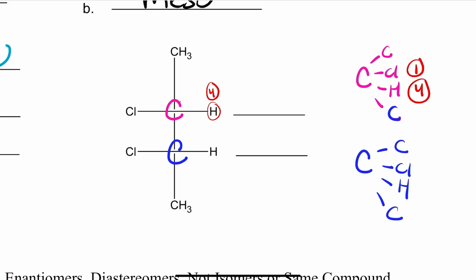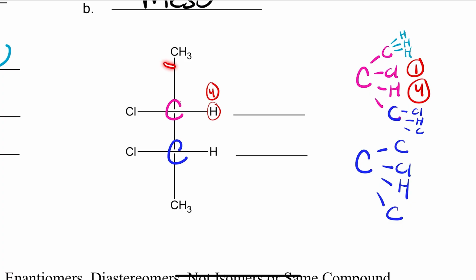Now, what do we have? We have that this carbon is attached to 3 hydrogens, and then this carbon is attached to a chlorine, a hydrogen, and another carbon.